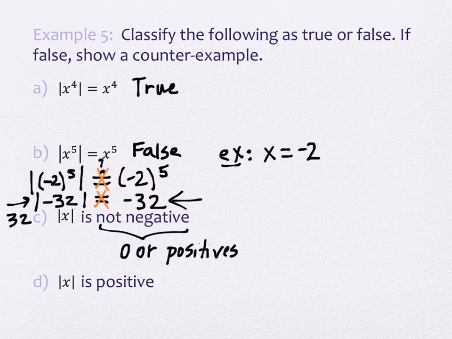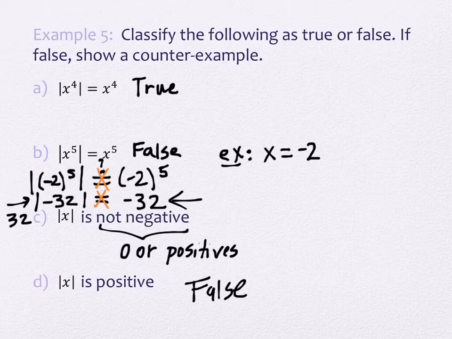So let's look at part D first, since it doesn't have the 0 possibility. It just says positives. Is the absolute value of x always positive? No. It can't be negative, though, either. So this is false. It's not always positive. But why not?